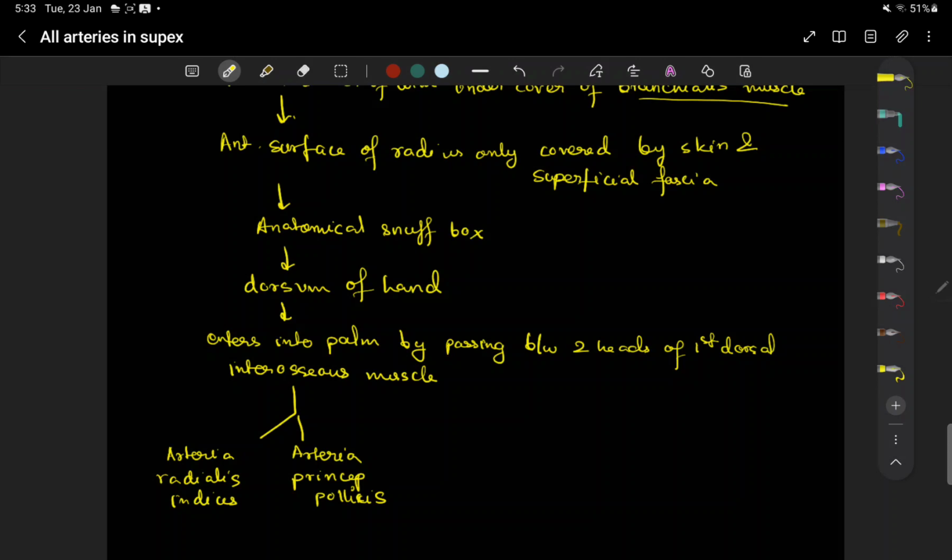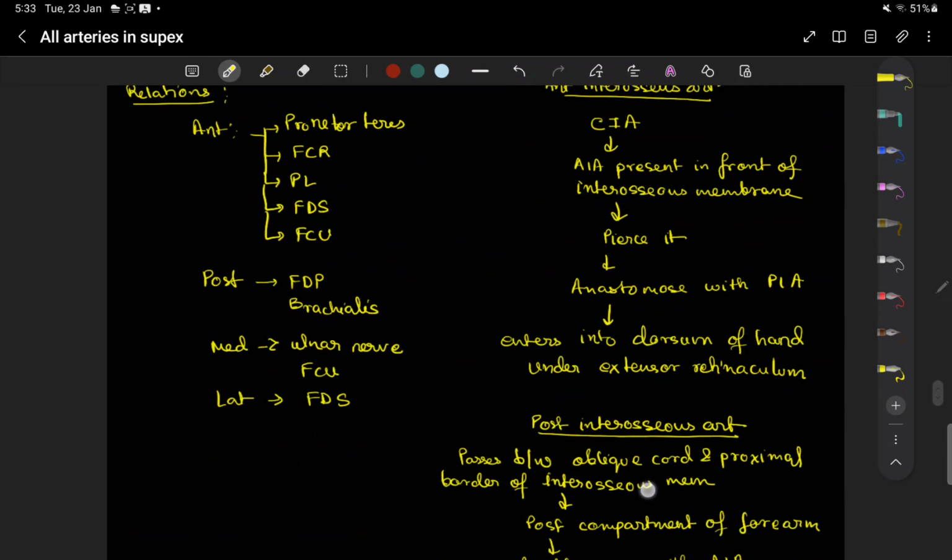The superficial branch joins with the superficial branch of the ulnar artery to form the superficial palmar arch. And the deeper branch joins with the ulnar artery also to form the deep palmar arch. This is how the termination occurs.